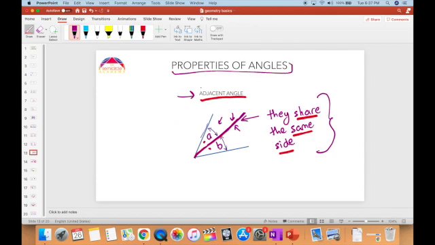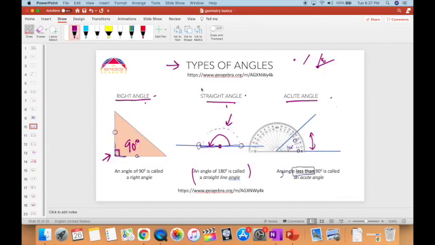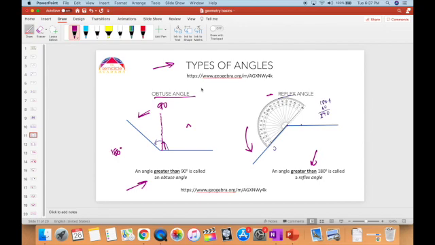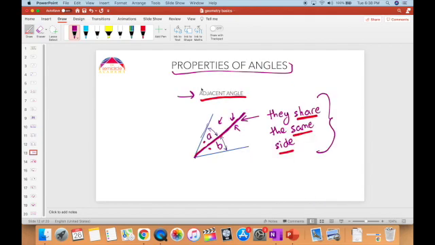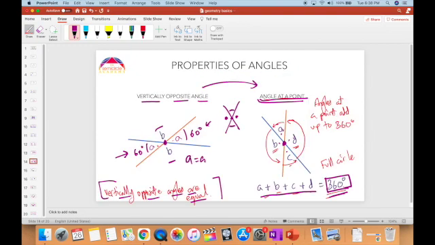So these were the types of angles: straight, right, acute, obtuse, reflex, complementary, supplementary. Now we have the properties of angles, and I guess complementary and supplementary should probably be under properties as well. So in the properties of angles, we have adjacent angles, vertically opposite angles, angles at a point.